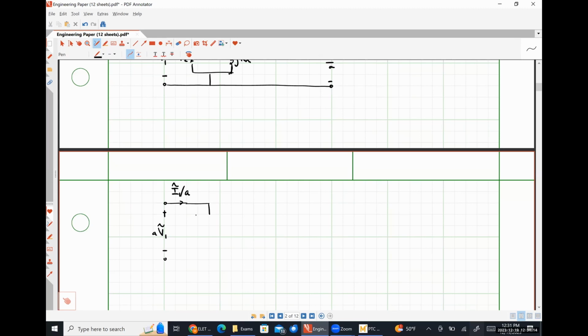We're going to have our shunt branch referred to the secondary side. So this is going to look like A squared RC in parallel with j A squared XM.